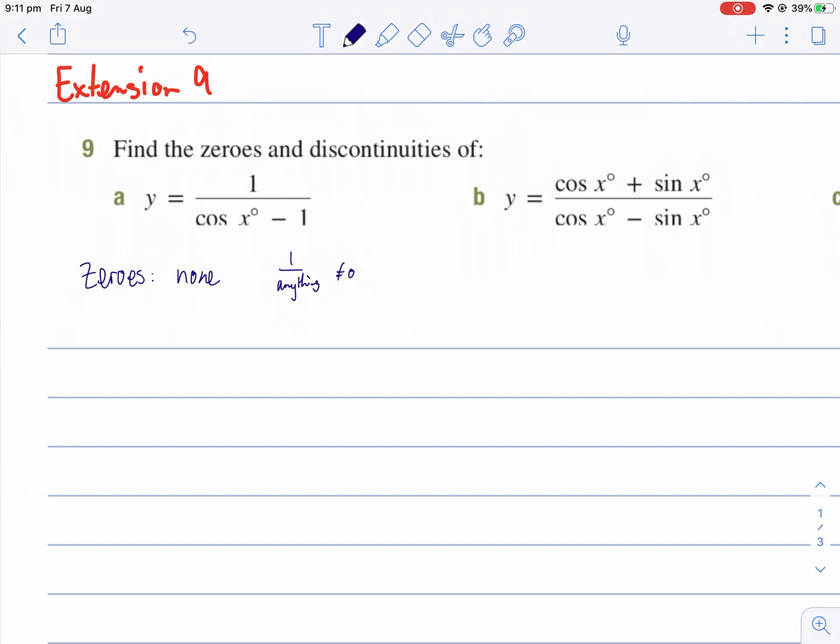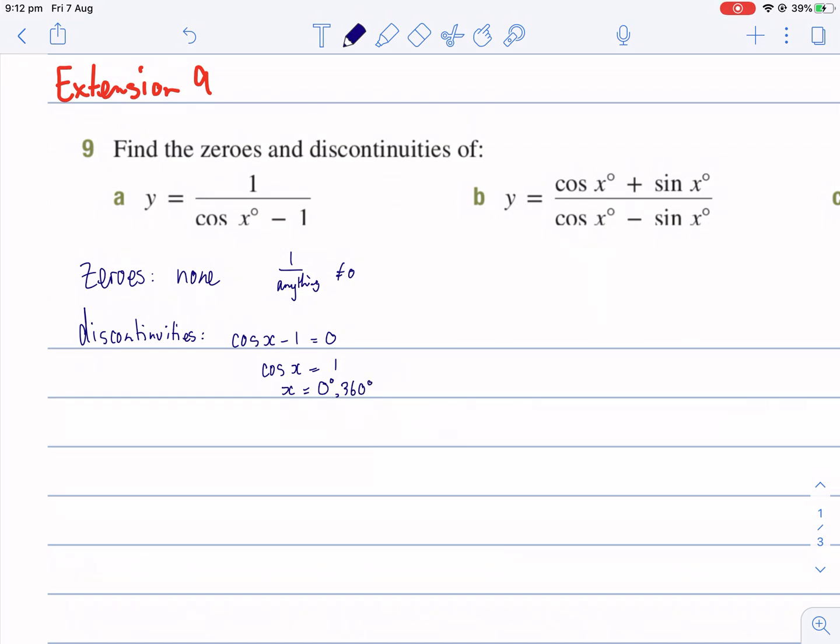Discontinuities, when cos x take 1 equals 0, so when the bottom equals 0, cos x equals 1, x equals, I forget that, 0 degrees, no. Yep, 0. And 180 would also give you that as well, would it? No, it wouldn't. 360.